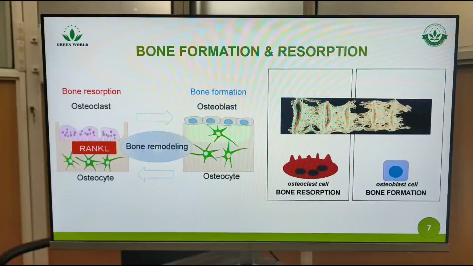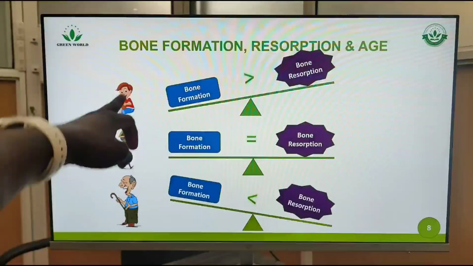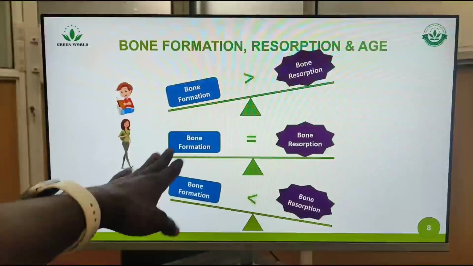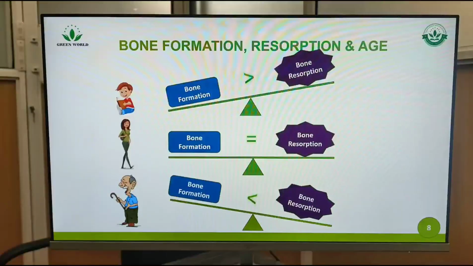Now let's take a good example of bone formation and resorption with age. As you can see from your screen, you have this kid, this is a middle-aged person, and this one is an aged person. We are going to talk about bone formation in all of them, then bone resorption. Let's start with a baby.